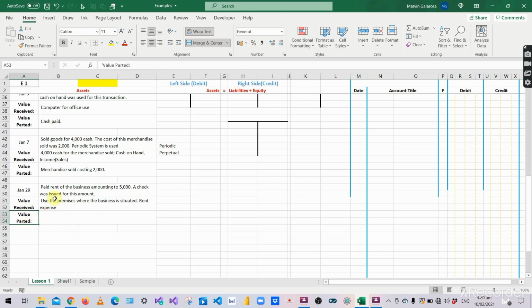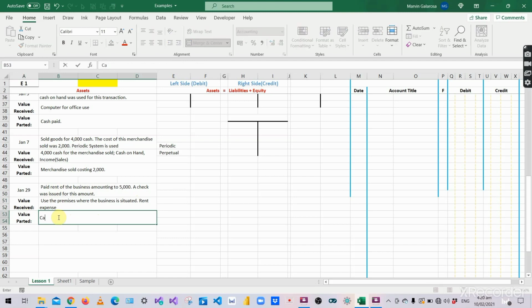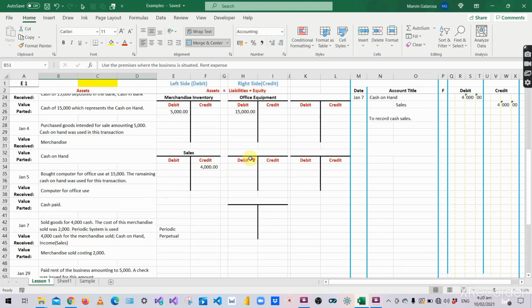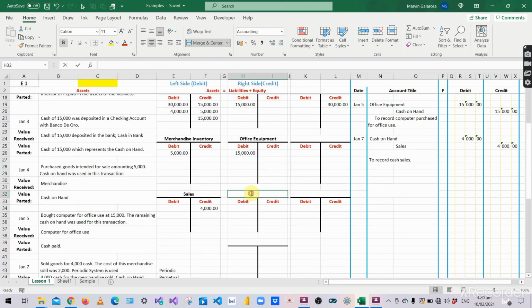Ano naman yung ating value parted? Yun naman yung cash paid na 5,000 for rent. Which ang ginamit mo nga is yung cash in the bank. Cash in bank was used. So, meron tayong rent expense. Dagdagan natin yung ating T-account. Rent expense.